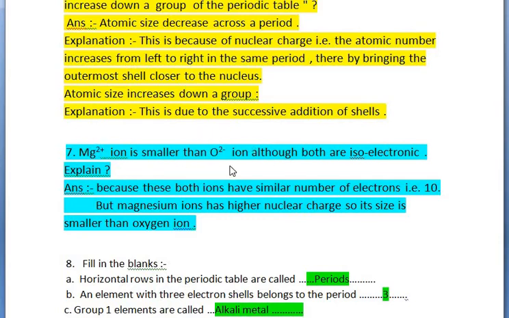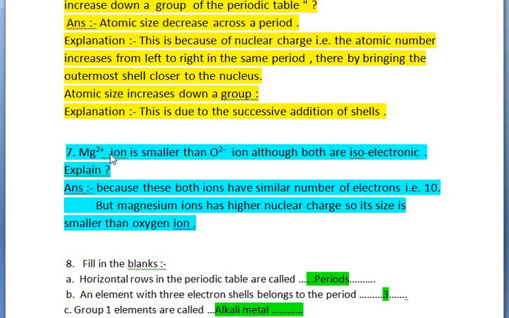So it is with O2-: a charge of 2 negative means 2 extra electrons on the oxygen atom, so its electrons increase from 8 to 10. Both ions have a similar number of electrons, that is 10.